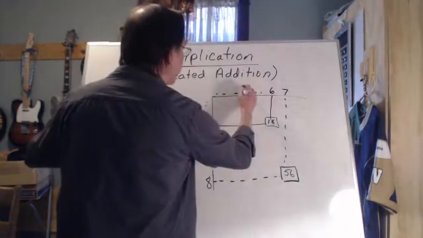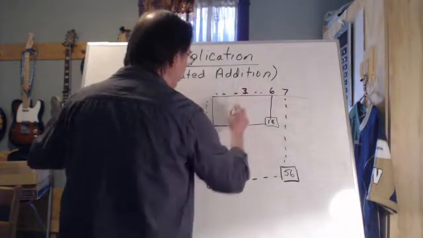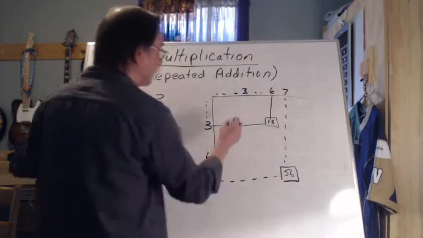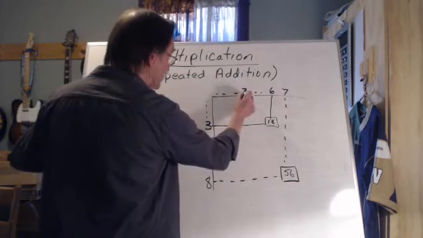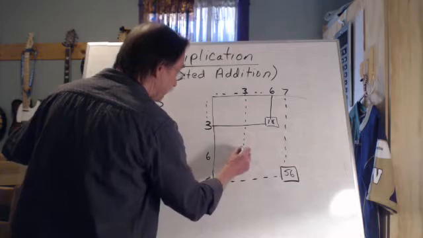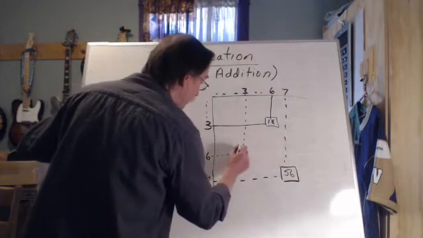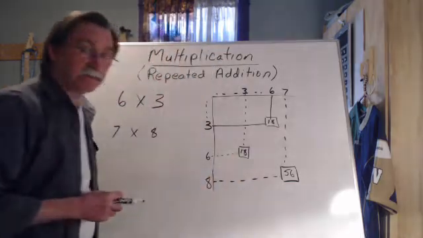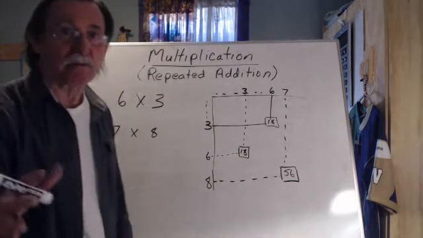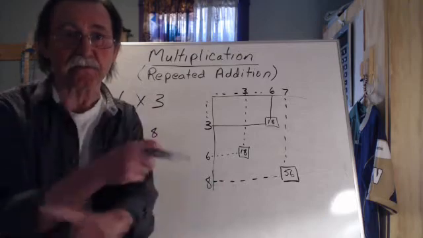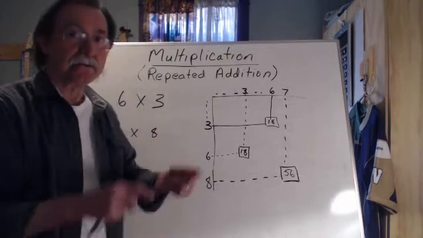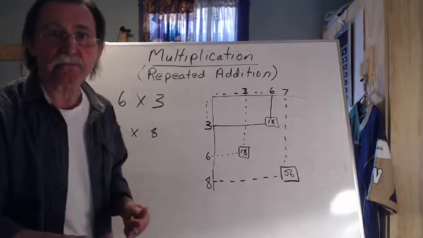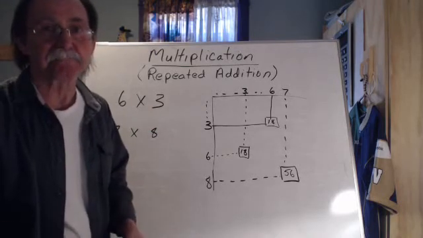I'm going to go with 3 over here and 6 down here. Now look what you get when you go 3 times 6 this way. You get 18 again. So that's one thing special about multiplication. You can flip-flop them. So 6 times 3 is equal to 3 times 6.